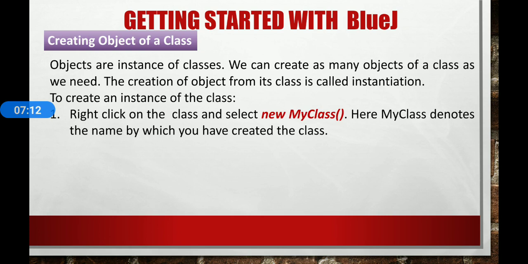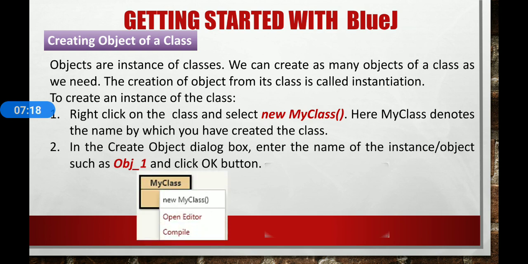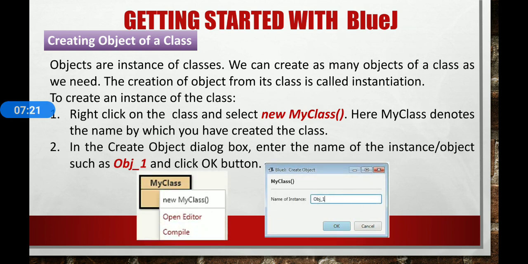Right click on the class and select new myClass. Here myClass denotes the name by which you have created the class. In the Create Object dialog box, enter the name of the instance or object, such as obj_1, and click on the OK button. Notice that object obj_1 is created.